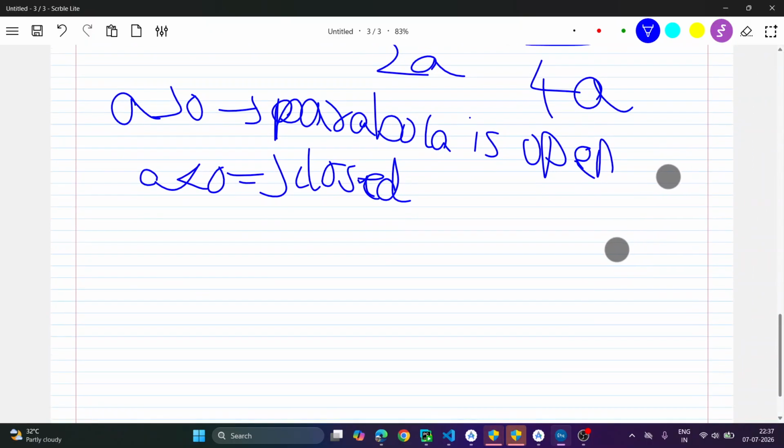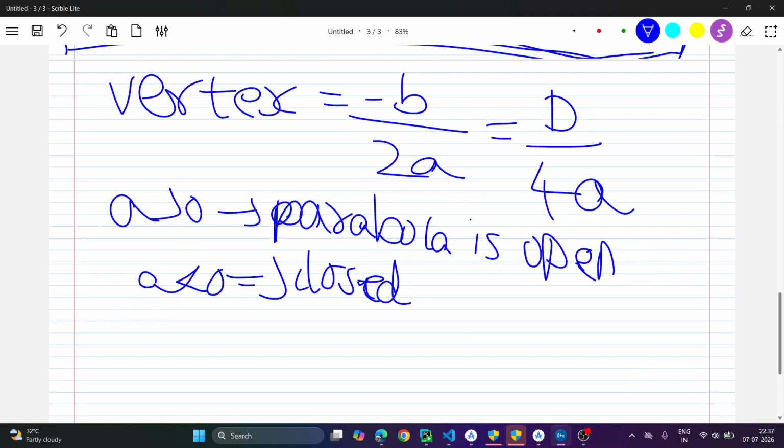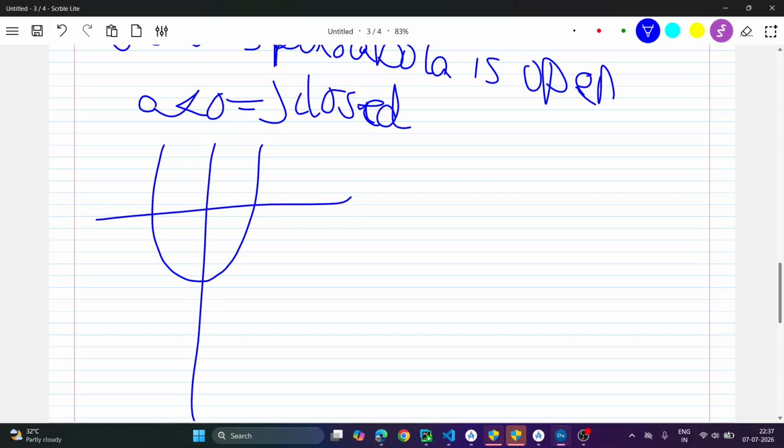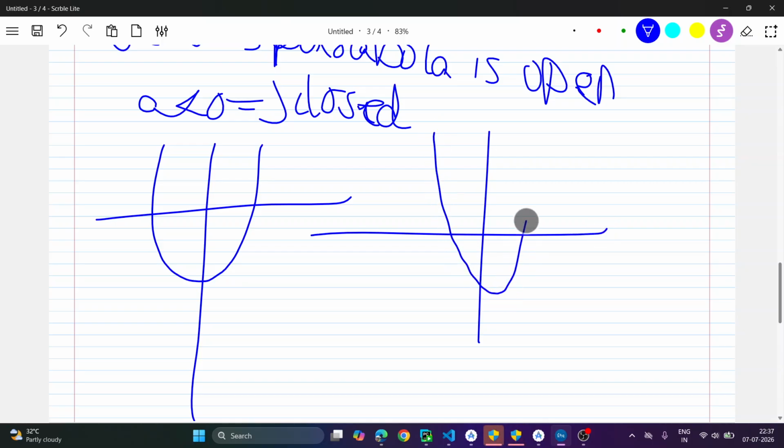Now let me teach this to you. D is nothing but the discriminant. You can even say delta. So the vertex is nothing but, let's say you have a graph like this, or let me make it a little sharper for more accuracy.